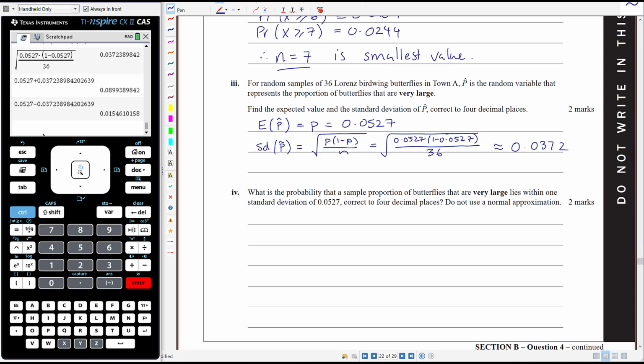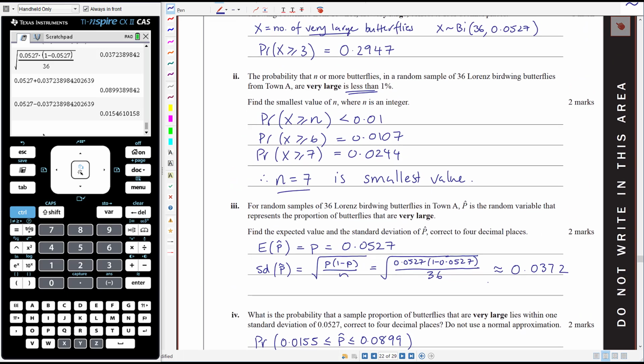Okay, so this means it's the probability that p hat lies between 0.0155 and 0.0899.